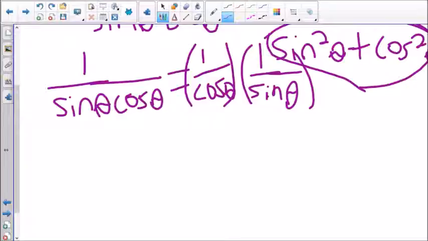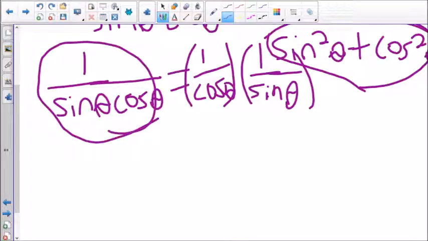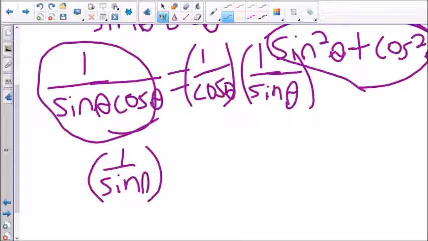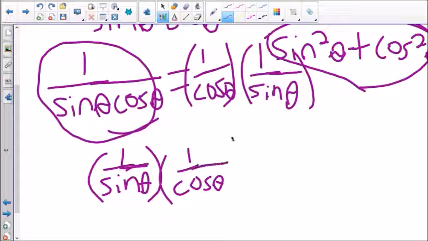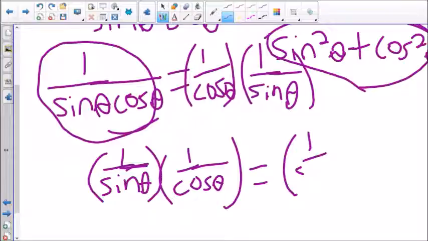So now, basically, what you can do with this side is turn this back into two separate values of 1 over sine theta times 1 over cosine theta, and that equals 1 over sine theta times 1 over cosine theta.